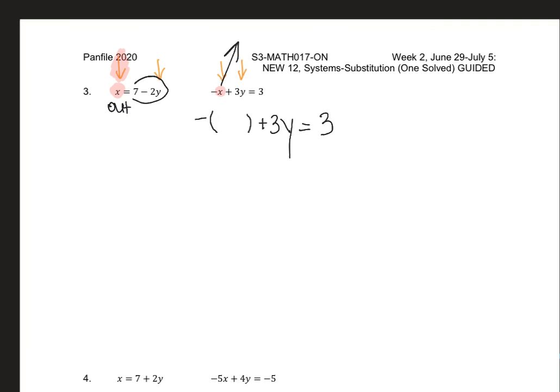So this is going in there. I do need to keep the negative in that second equation. I can't get rid of that. So I need to plug in the 7 minus 2y into that parenthesis.